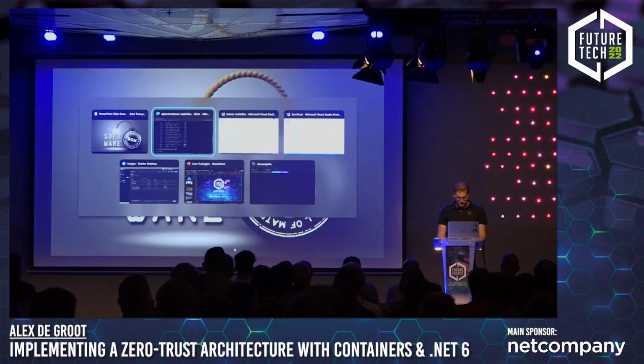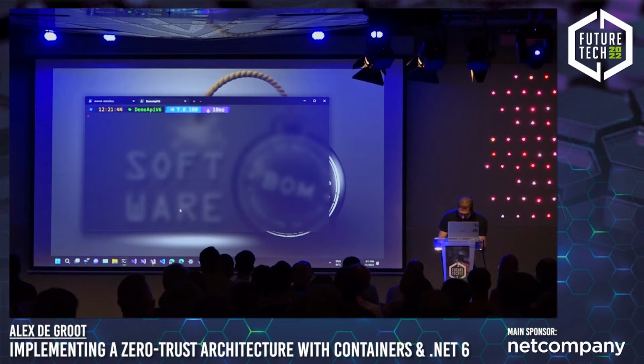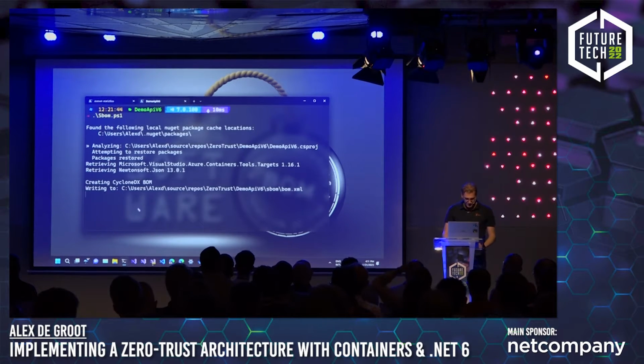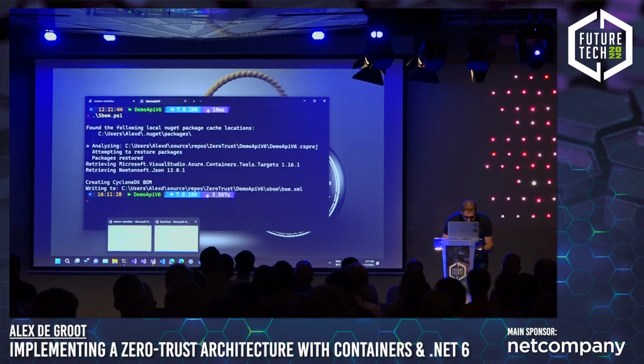What we can do is take a piece of software and actually get a report out of that. I think I had it here. Yes, there we go. I'm just executing a script now. Let me show you what this thing does.